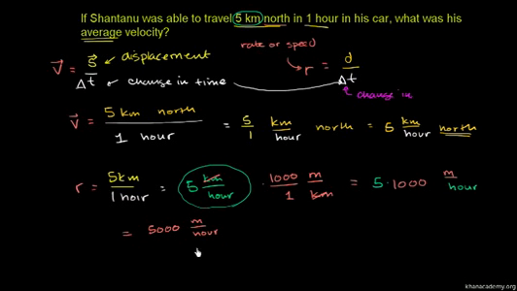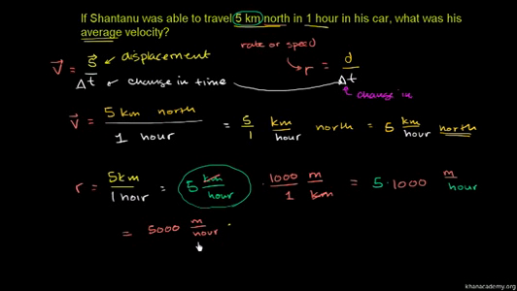And now when we want to go to seconds, let's do an intuitive gut check. If something is traveling a certain amount in an hour, it should travel a much smaller amount in a second, or 1/3600th of an hour, because that's how many seconds there are in an hour. So that's your gut check. We should get a smaller number than this when we want to say meters per second. But let's actually do it with the dimensional analysis.